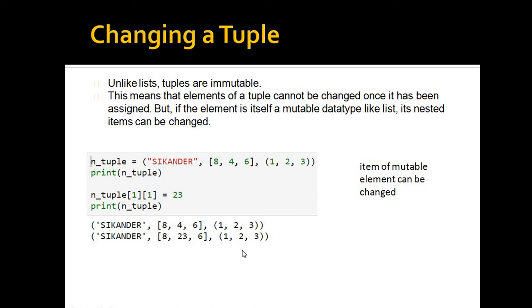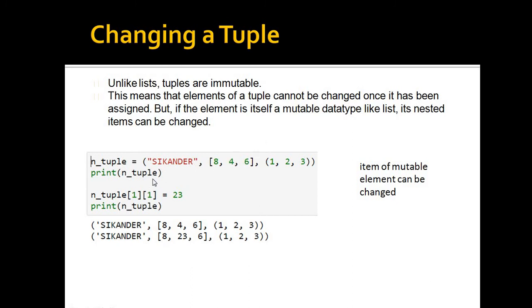Next, changing a tuple. As I told, tuples are immutable and the values cannot be changed, but an item of a mutable element can. That is, if you are using a list within a tuple, then you can change the value of that list in the tuple by index operator. See, when you give some value, it is an example of a list within a tuple.